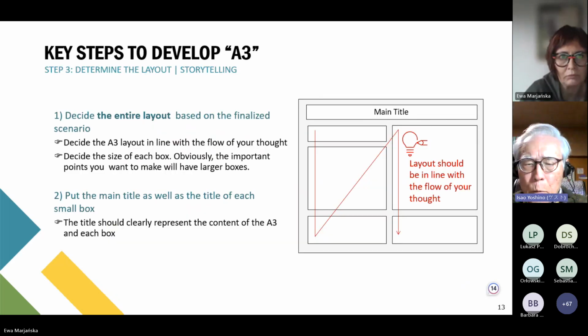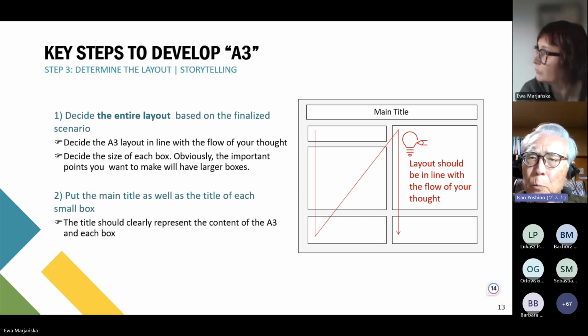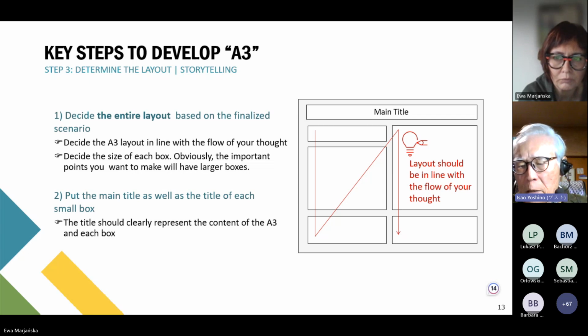And page 13. I already talked about layout. Basically, as you see on the right-hand side, when we look at this A3 document, first we look at the upper left part, maybe the top line. Then you go down, then you look to the right-hand side, from left to right. That is how we read documents.